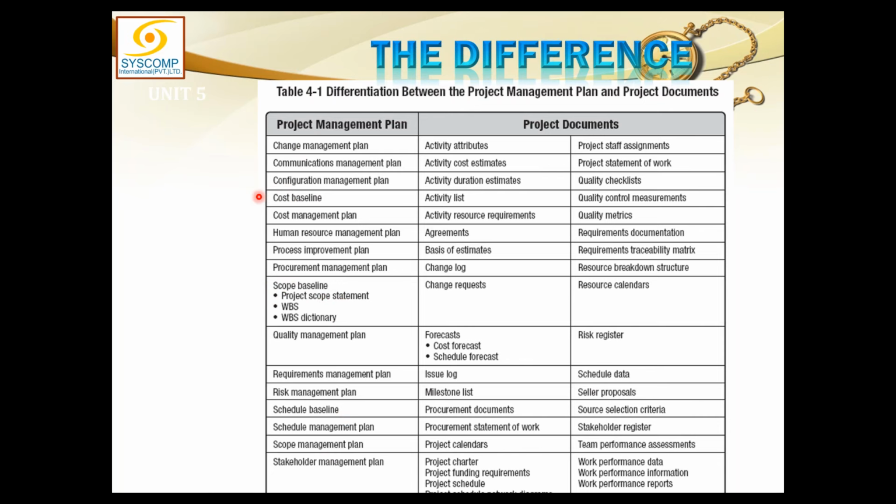And there is a schedule baseline here, fourth from last. The rest are all different plans, including the change management plan and the configuration management plan. On top of that, all the knowledge area plans are there. Process improvement and the requirements management plan are also there. Everything else we develop during planning goes to the project documents.